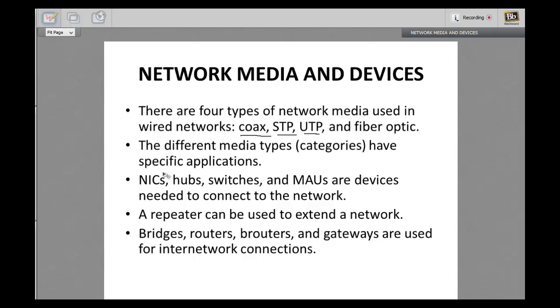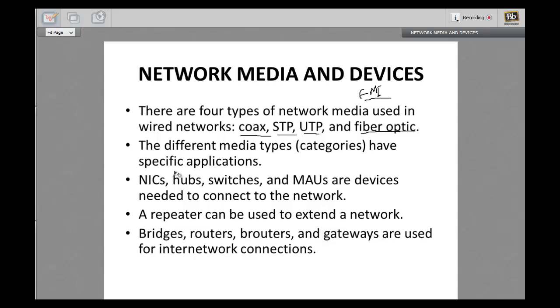We should know that the fiber optic does not get affected by interference, electromagnetic interference, which is EMI, and also crosstalk, which is when you have wires together.